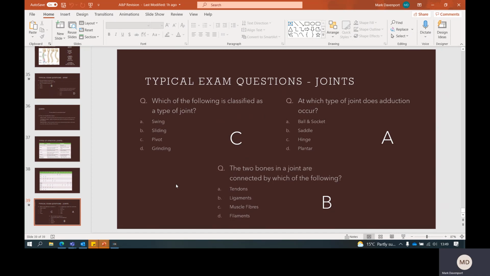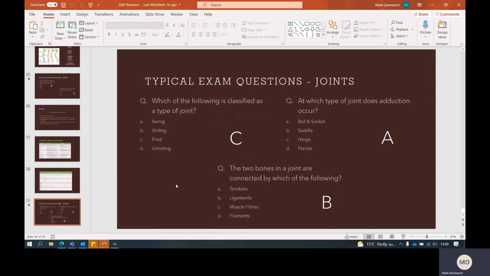I should have told you to pause it, but which of the following is classified as a type of joint? We've got A, swing, B, sliding, C, pivot, D, grinding. Hopefully you know that it's C, which is a pivot. At which type of joint does adduction occur?